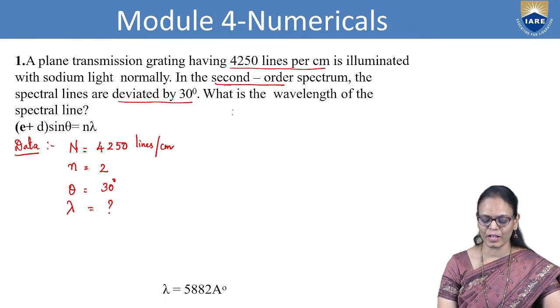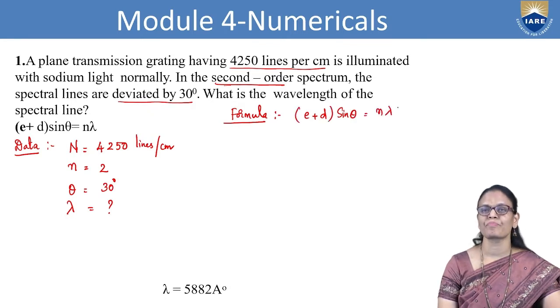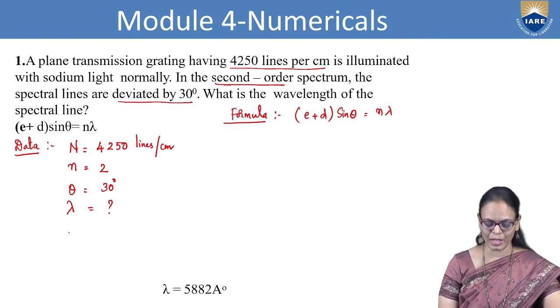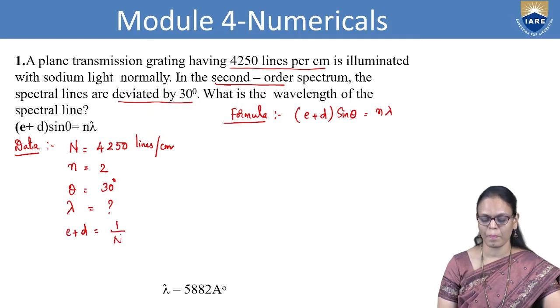So what is the formula we are going to use? (e plus d) into sine theta is equal to n lambda. And e plus d is not given, but we know the formula e plus d is equal to 1 by N. So we will modify this as sine theta by capital N is equal to n lambda.